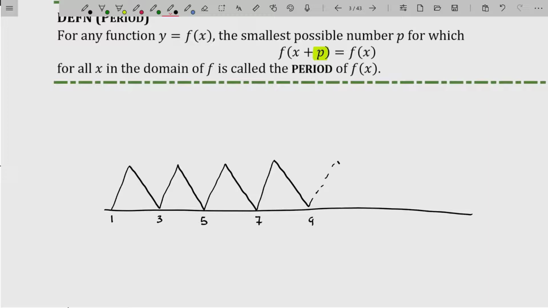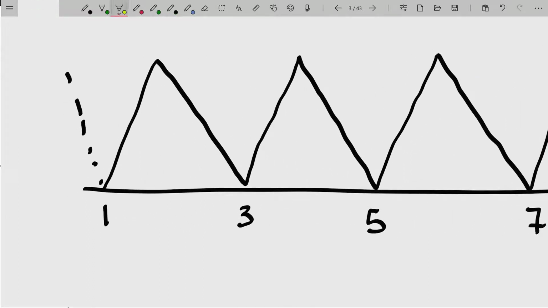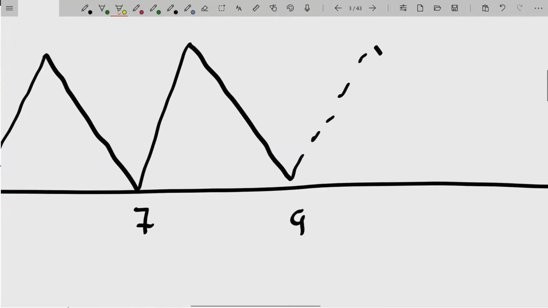Somebody could easily say, you know what I'm going to do? I'm going to copy and paste the interval from 1 to 5. While that is true, you can copy and then paste the interval from 1 to 5 forever and ever and ever, and it would create the pattern.